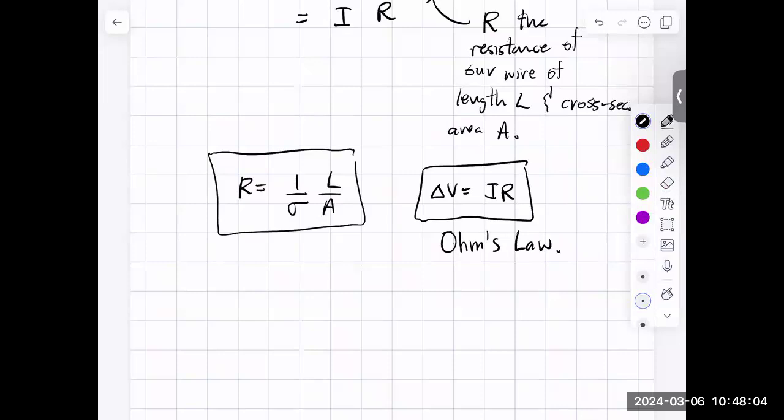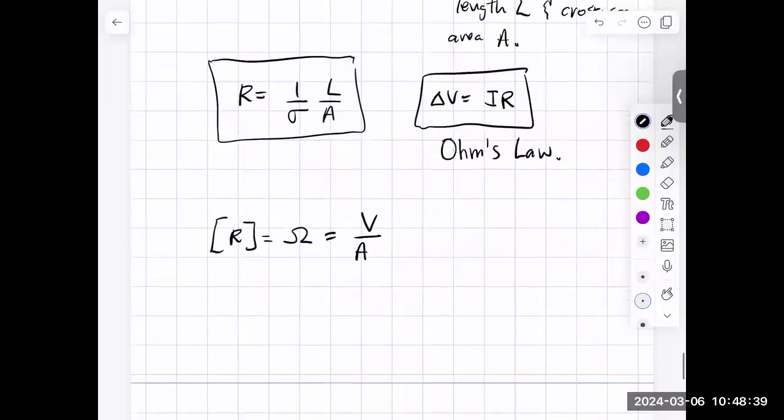The last thing I'm going to do is just some unit analysis. Okay, so we know the units of R is ohms. Resistance is measured in ohms, okay? And so from Ohm's law, delta V is IR. That means R is delta V over I. So 1 ohm is also equal to 1 volt per amp.